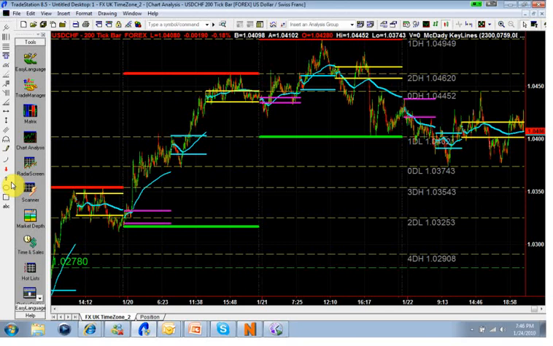So our rule is, if our bias is to the long side, then I'm not going to take a trade in the opposite direction unless I have a structural failure. So any trade over here is not a structural failure. My first structural failure would be a trade below the 103.